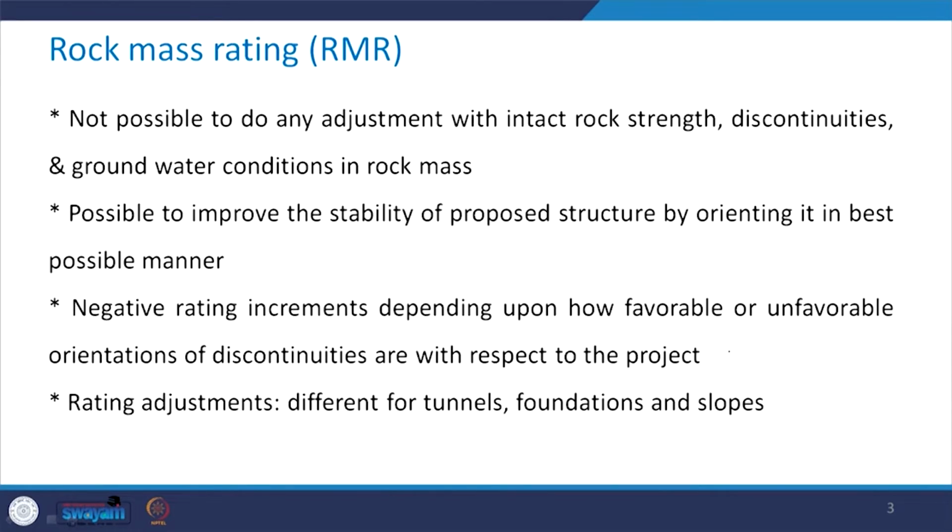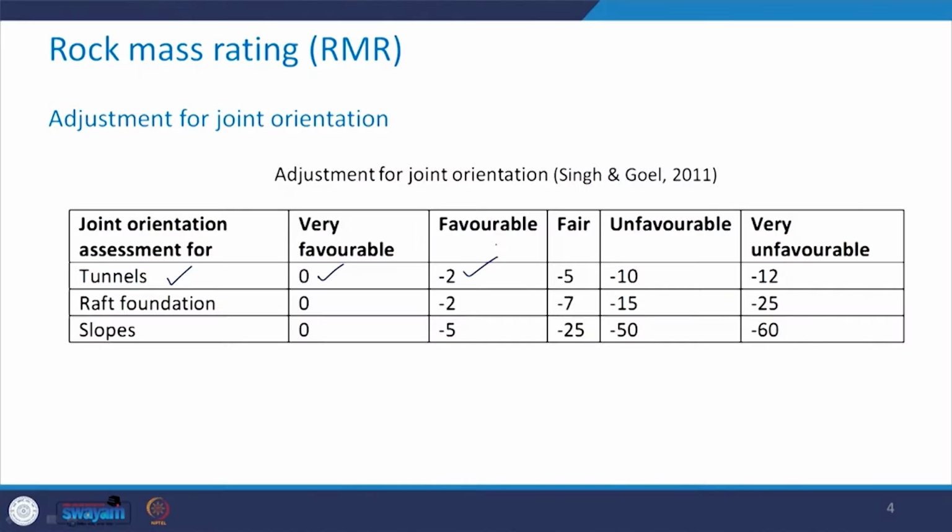These rating adjustments are different for tunnels, foundations and slopes. Here these different adjustments for different situations and different structures are given. For example, you take the case of the tunnel.